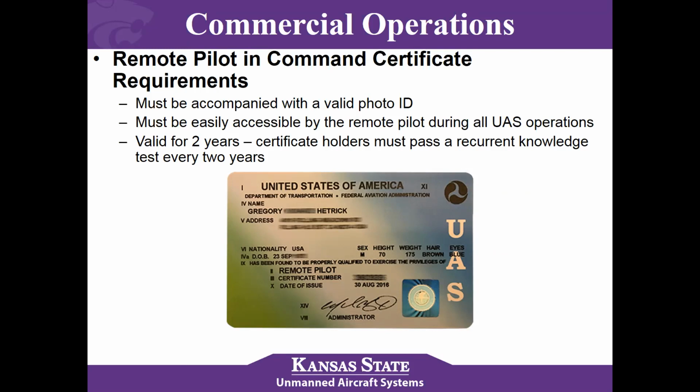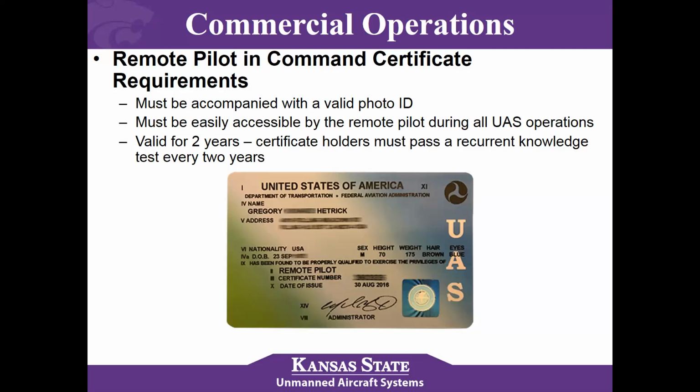It is valid for 2 years, and then certificate holders must pass a recurrent knowledge test every 2 years thereafter. So although this certificate does not expire, you're going to need to go back every 24 calendar months and retake a recurrent aeronautical knowledge review.